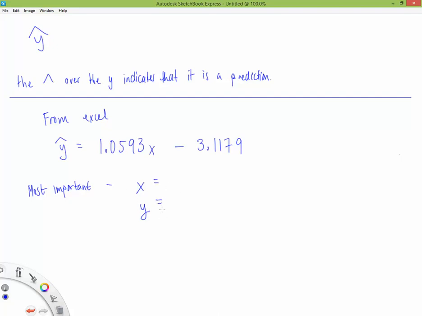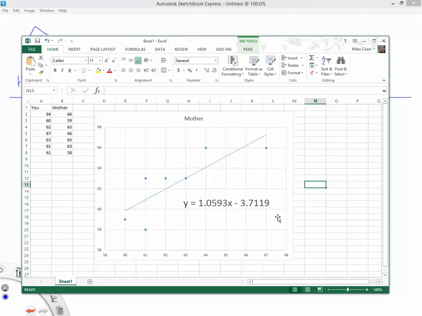One is mother's height and one is daughter's height, or, I said, quote, unquote, your height or daughter's height. Which one is the x and which one is the y? How do we know?